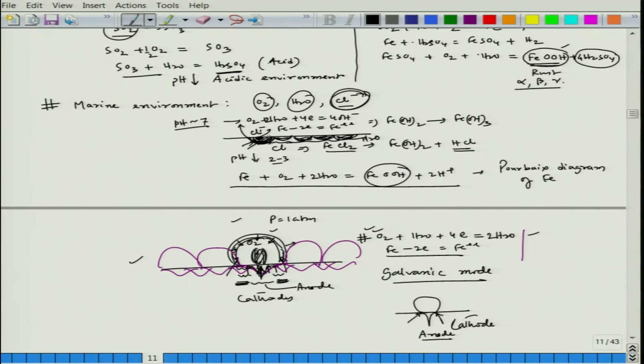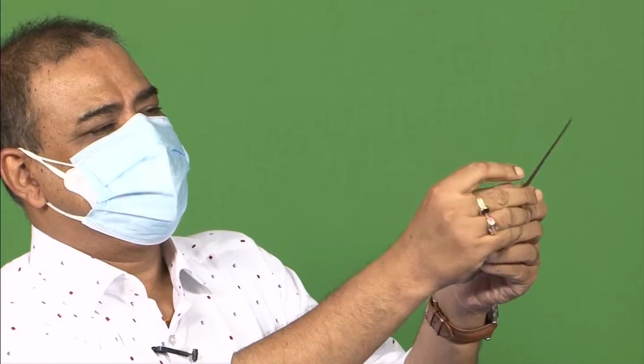Okay. Now, another example let me show you. This is a very old household knife, and this is not used anymore. It is left in the drawer. I just took it out today, and if you see these surfaces, you will see that everywhere you have rust, and it is a kind of black rust.